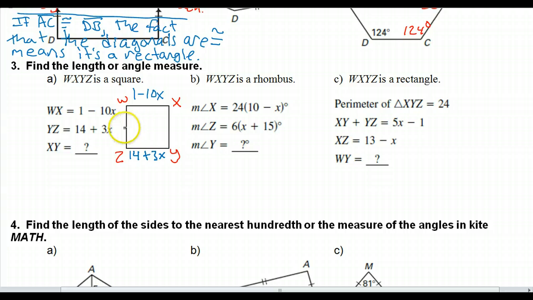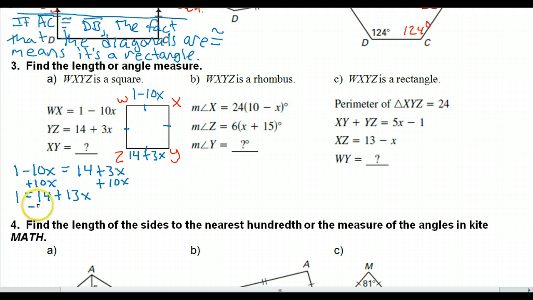Well, if this is a square, then all 4 of these sides are congruent. That means definitely the opposite sides are congruent. So we can make an equation. So 1 minus 10x should equal 14 plus 3x, as these opposite sides are definitely congruent. Okay, I'm going to add 10x to both sides. So that's going to make 1 equals 14 plus 13x.